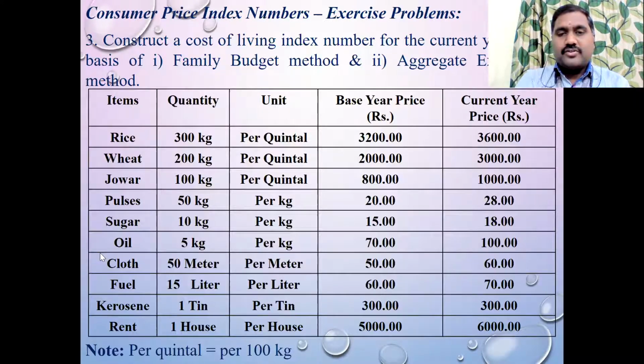So what you have to do? 3,200 divided by 100 means you will get per kg, right? So what will be the value? You will get 32. Then similarly, 2000 divided by 100 will be 20, and 800 divided by 100 will be 8. Similarly, for current price also, 3,600 divided by 100 will be 36, 3,000 divided by 100 will be 30, and 1,000 divided by 100 will be 10.